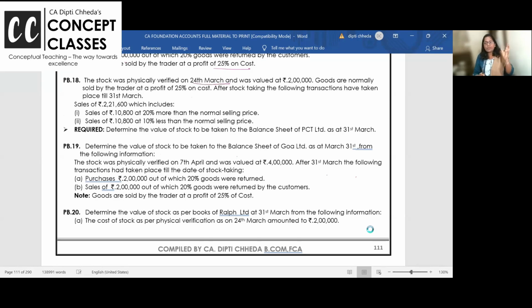Purchase and sale adjustment is the same. This time stock is on 21st. So whatever you have purchased, add it. Whatever you have sold, subtract it. That is the same. Purchases you will add, sales you will minus. But when you minus the sales, the equation is not the same. Every time you are selling at cost plus 25%, this time 10,800 you are selling 20% more than the normal selling price.